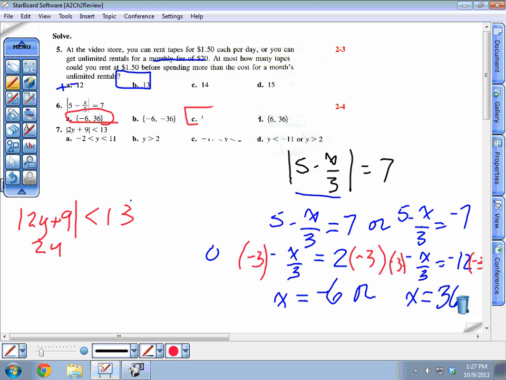Here, 2y plus 9 is either less than a positive 13, just write it exactly like it is, and this is another case. It's absolute value, so if I change the 13 to a minus 13, I've got to flip the sign. So this is a disjunction also, or 2y plus 9 is greater than negative 13.